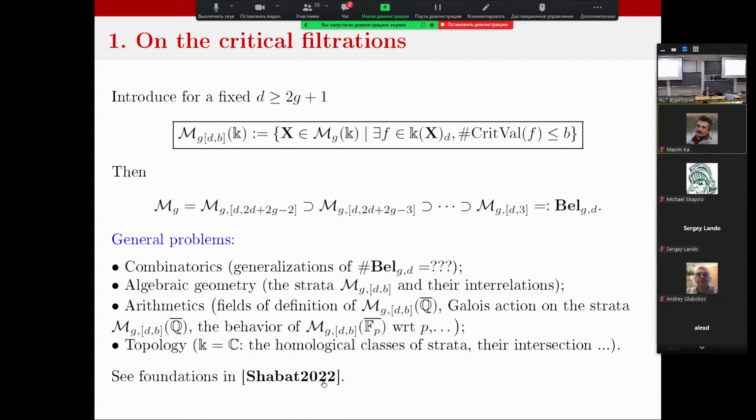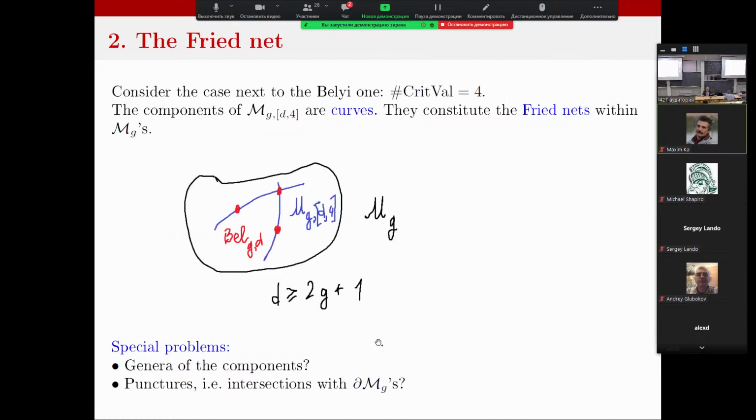So as for foundations, I mean the foundations concerning the critical filtrations.